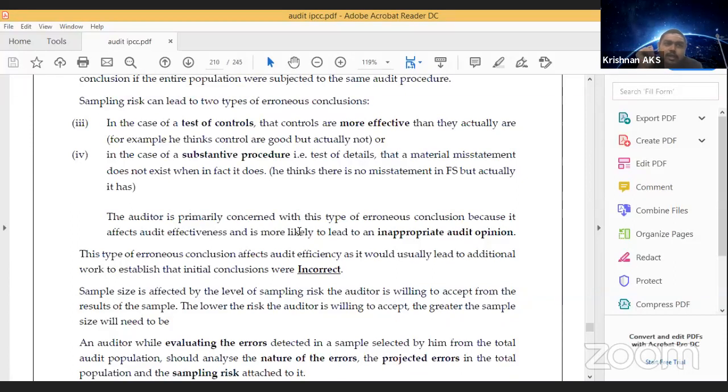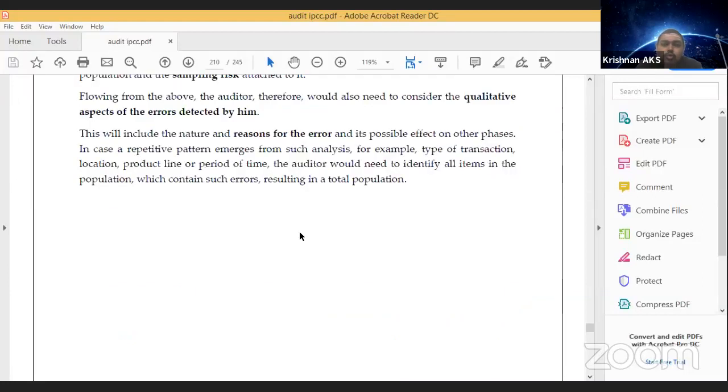Okay, see, giving an inappropriate opinion is the biggest risk in the audit. Now, there are two types of error we should understand. One is called expected error, that we already know this error is possible. Out of 1,000 samples which we have to verify, if we cannot verify say 300 or 400 items, there is a possibility that there may be an error in them.